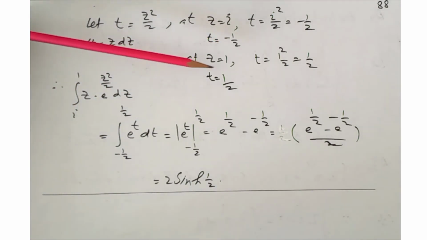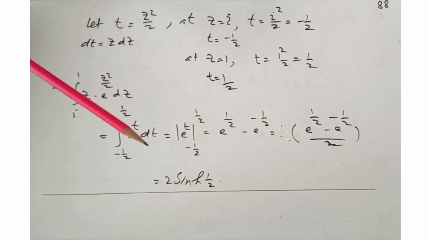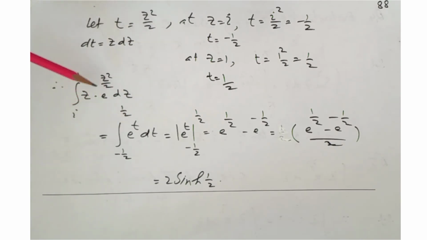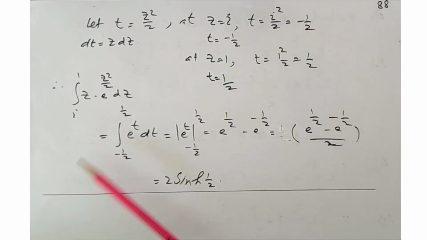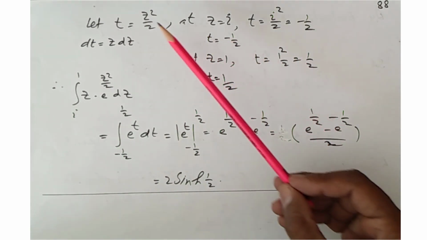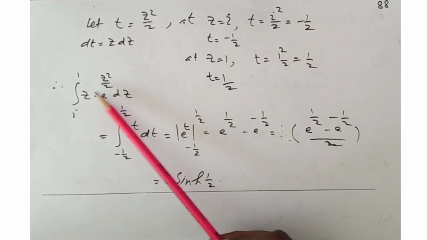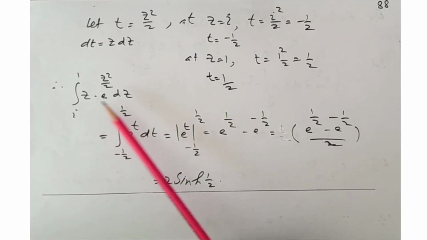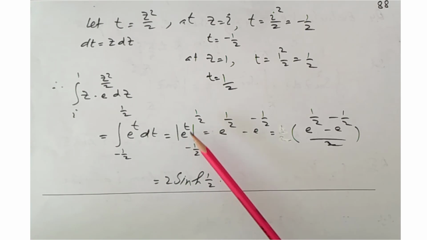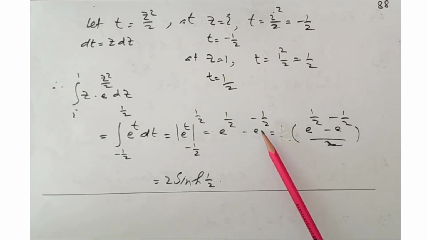At z equal to 1, this becomes 1/2, and in place of z dz, this is dt, and in place of z²/2, we get t here. The integral of e^t is e^t between the limits -1/2 to 1/2, applying the upper limit minus lower limit.